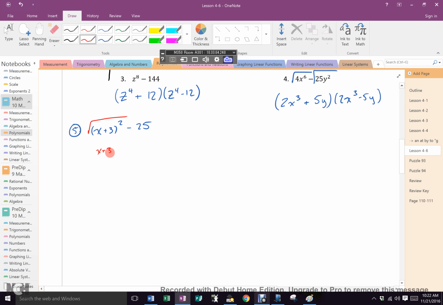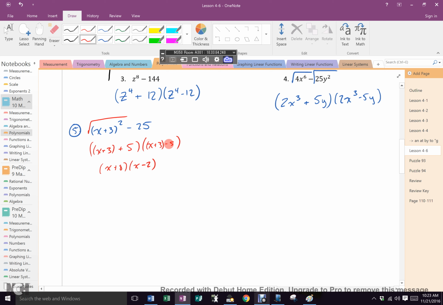X plus 3. Plus, what's the square root of 25? 5. And then we just write it again. X plus 3 minus 5. Now what's 3 plus 5? 8. And what's 3 minus 5? Negative 2. Is everybody okay with that one?